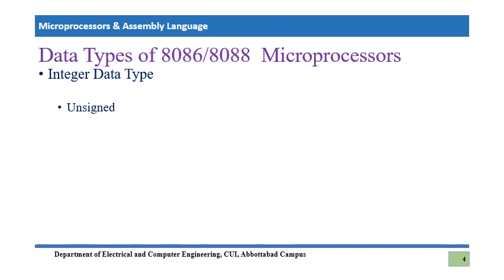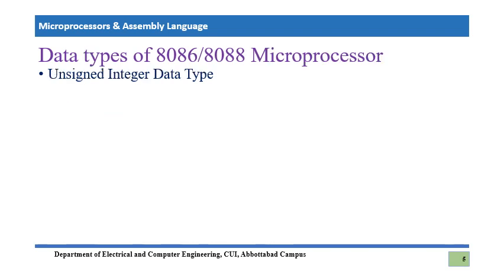What does it mean? We are going to explore in the next slide. And the second one is the signed integer data type. So how unsigned and signed integer data types reflect the different information which can be stored in 8086 or 8088 microprocessor, we are going to deal with in coming slides. So let's do them one by one.